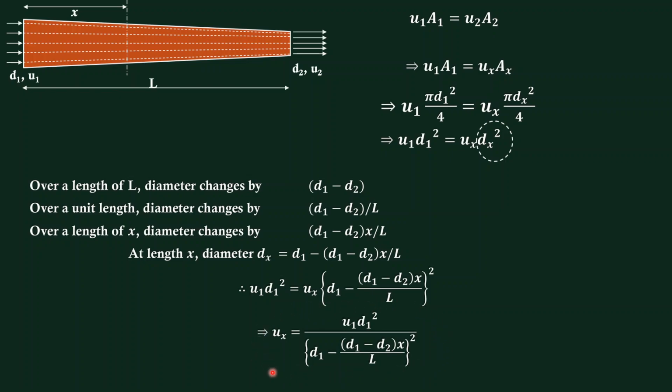Instead of u1, if u2 was also known, then also we could find a similar expression. That means u1 is the boundary condition, that is the velocity at this cross section, in this case the beginning cross section. If that is known, then we can proceed with the problem, and instead of dealing with an expression, we can actually assign some numerical values there.